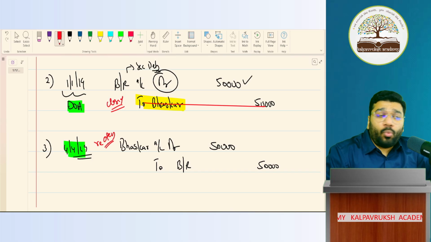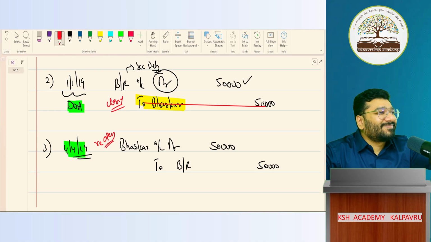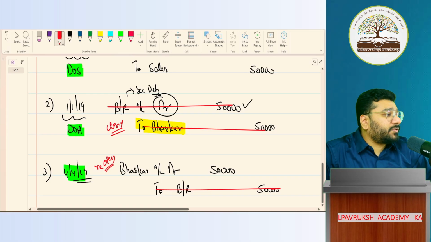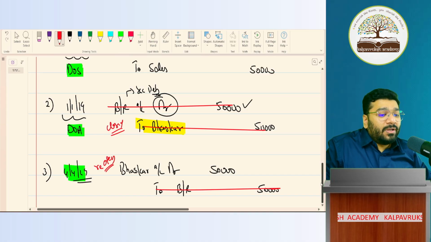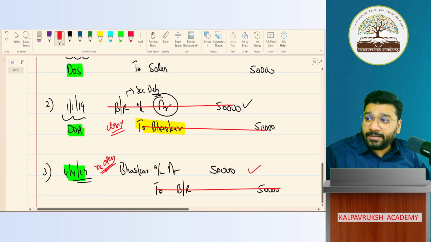Can you please tell me what is the balance in the BR ledger? 0, because BR account got opened here and closed here. So the BR account is closed. Whatever money was there in BR account to be receivable is transferred to Bhaskar's account. We have reopened Bhaskar account. Got it, not got it?